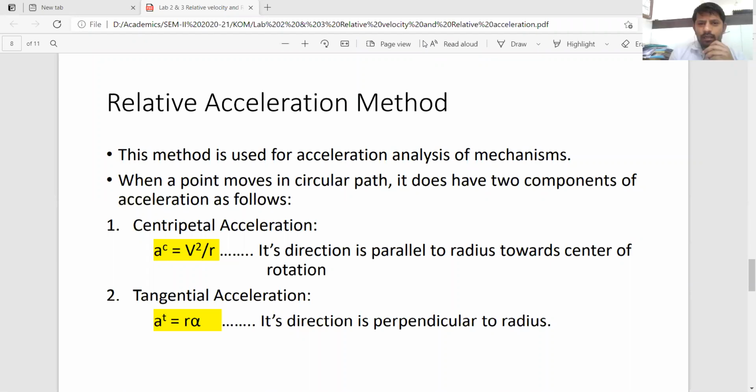Roll number 9, Kamle. Are you there? Roll number 9. I think he is not there. Roll number 9. Yes, sir. Okay.